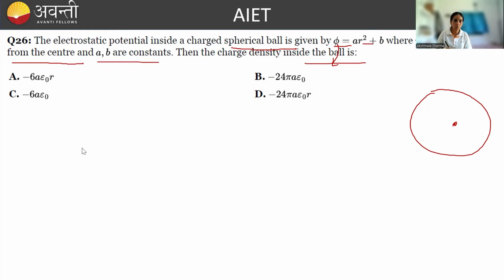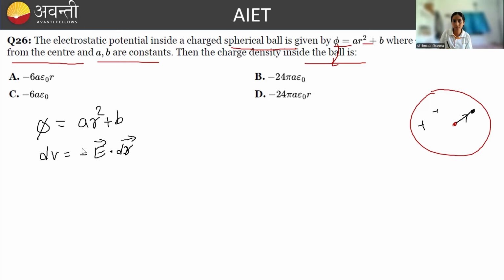So if this is positively charged, say, then at any distance r the direction of electric field will be outward. If potential at any distance r from the center is given, can't we calculate electric field, because we already know the relation between dV and electric field?